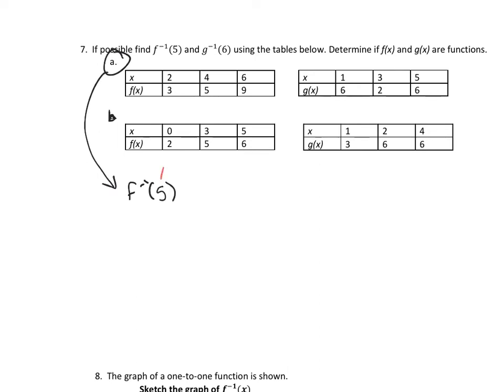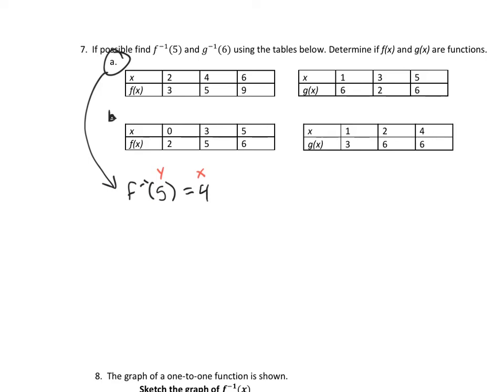So this is now our y value, and I'm looking for the x value. So instead of looking at x and going down, we're going to look at our y values. Oh, I see 5, and we go up. So we're starting with our y's and going to our x. So f inverse of 5 is equal to 4.